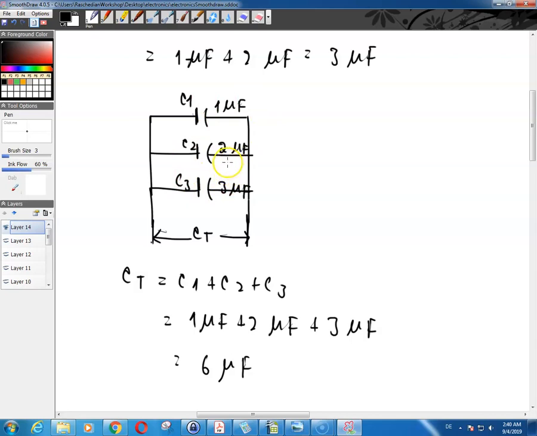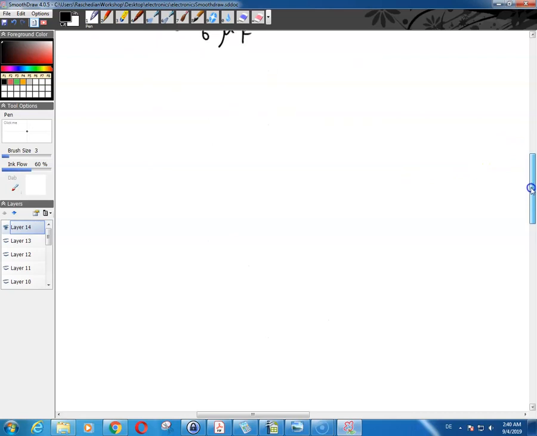Now, if you have two capacitors connected in series, suppose you have one capacitor over here, call it C1 and C2.